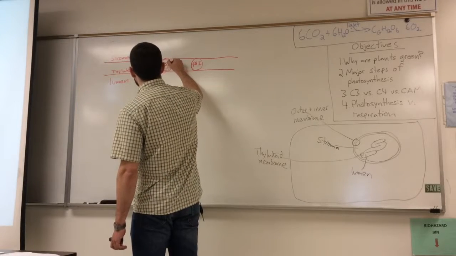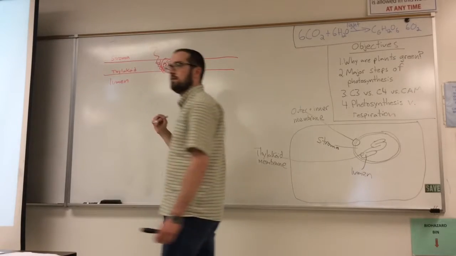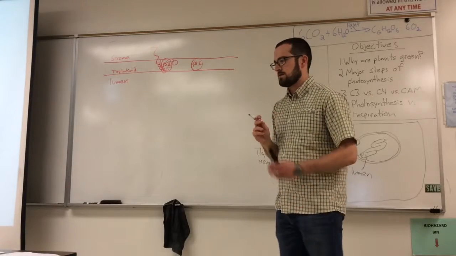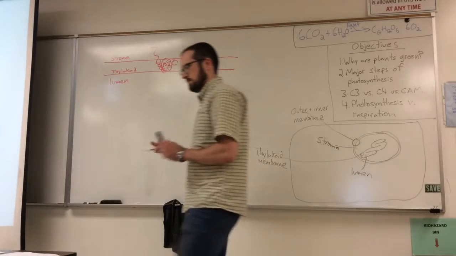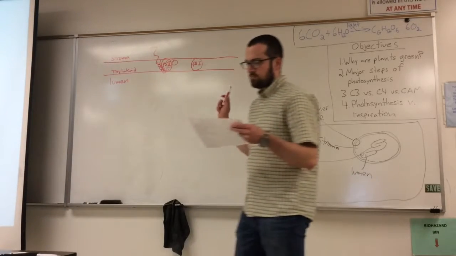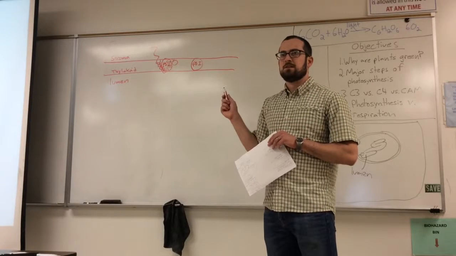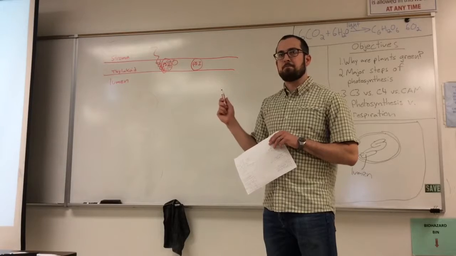So I have an electron, and that's going to get passed over to an electron acceptor. All right, so now we've removed an electron from our chlorophyll, so we need to replace that.